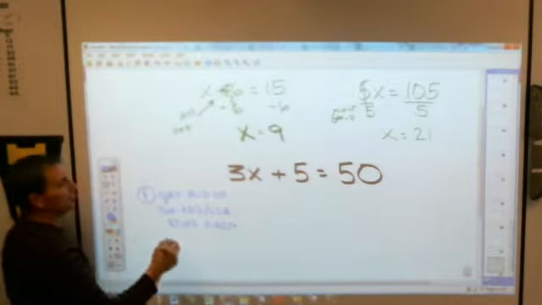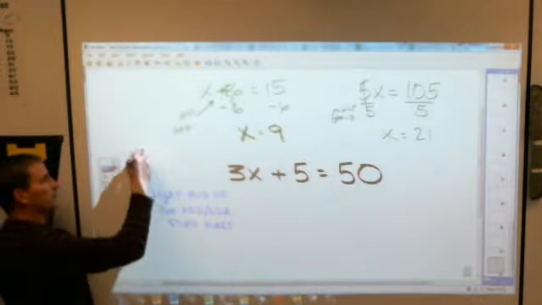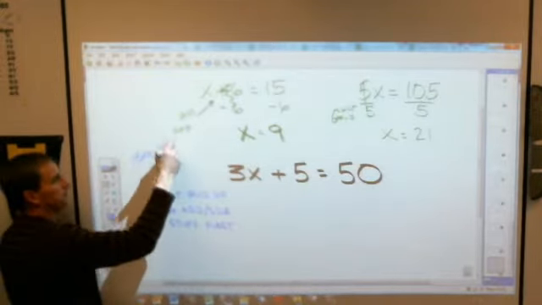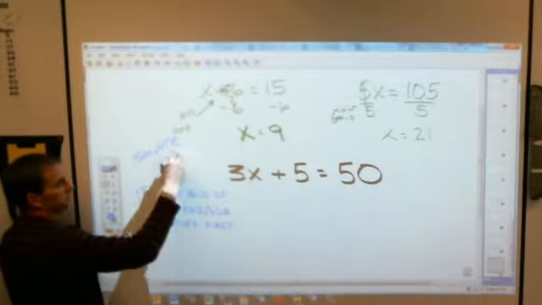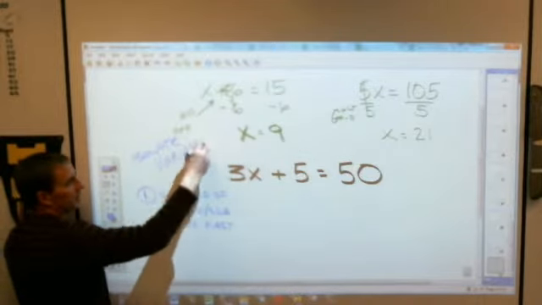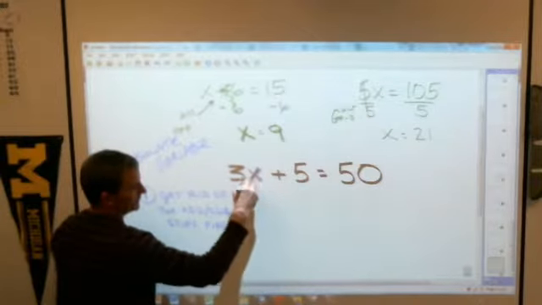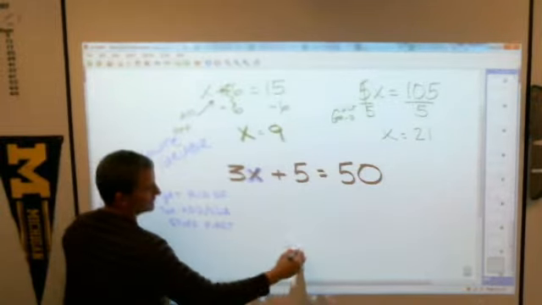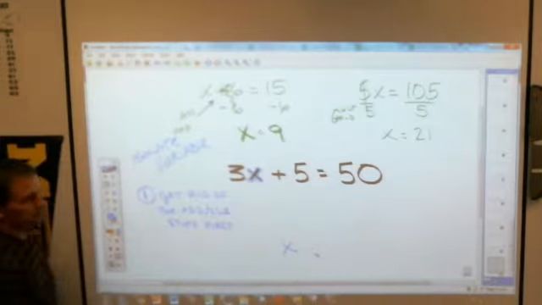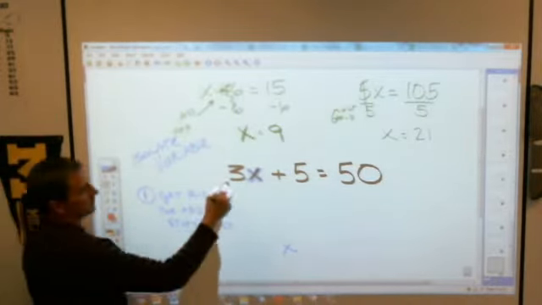Because remember, our goal is to isolate the variable. Our goal is to get this x by itself. I want to know, what does x equal? We already know what it is. We already did the problem.